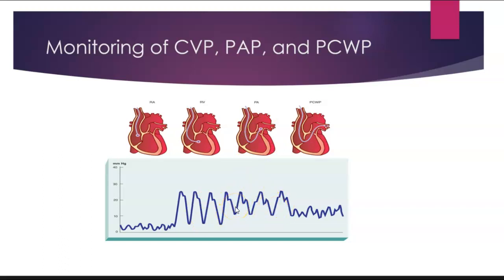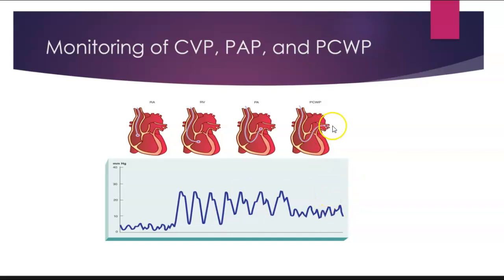In the pulmonary artery, we're going to be able to determine how our lungs and the pulmonary vascular resistance in our lungs are affecting our heart. And as we move further into the pulmonary artery, we're going to be able to assess the pulmonary capillary wedge pressure, where you see this dampening of the pressure waveform again. This is going to tell me a lot about the function of the left side of my heart.